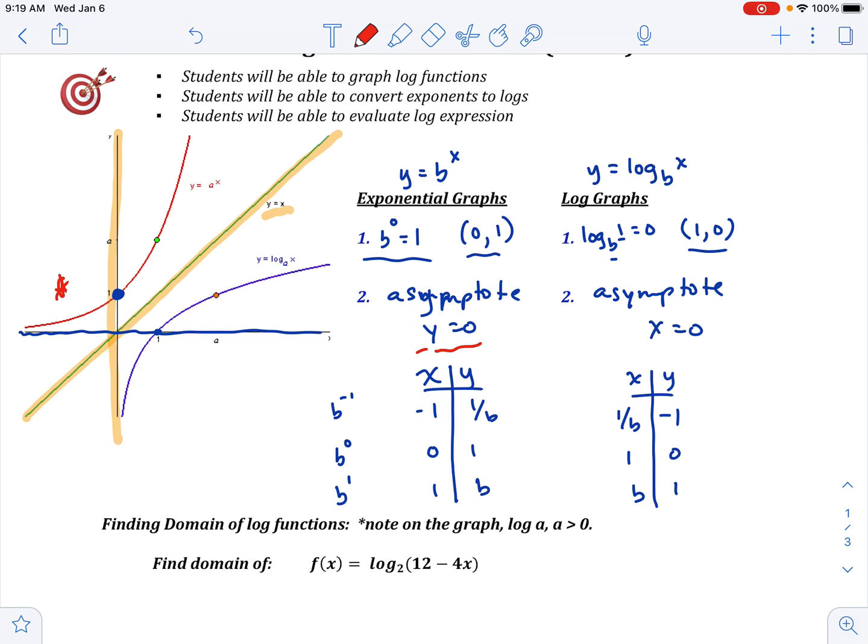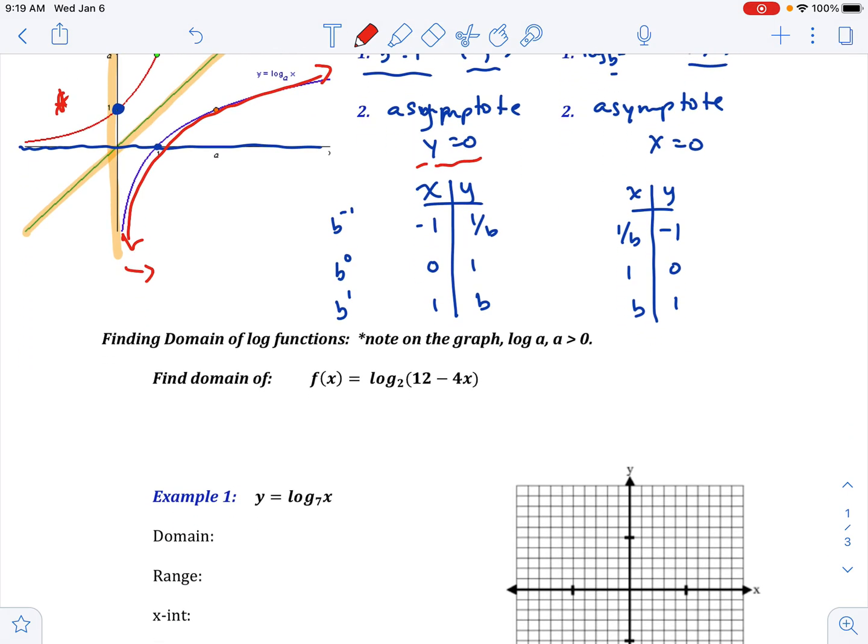So now we're going to flip that, okay? Because our graph is going down, it's going up. So now our range is all real numbers, and our domain has to be a value that is greater than 0, okay?